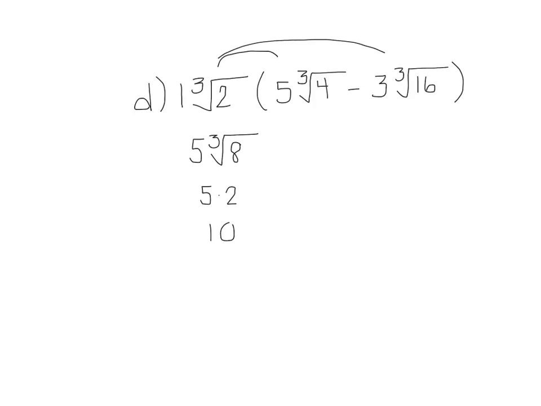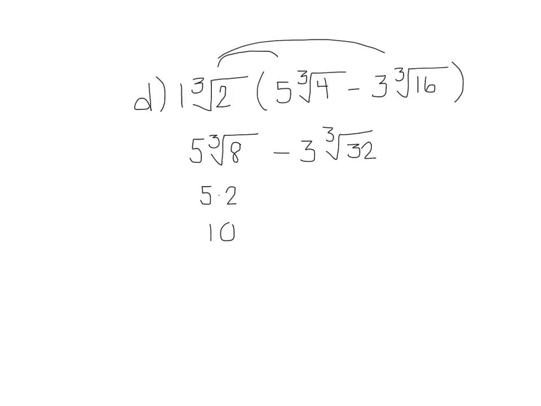Now if I distribute the cube root 2 times the 3 cube root 16, I'll have 1 times 3 is 3. Cube root of 2 times cube root of 16 is cube root of 32.